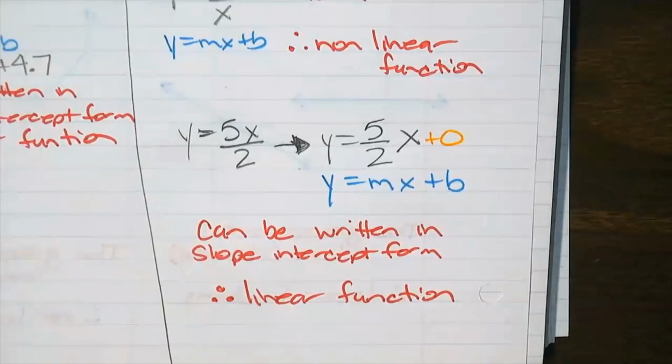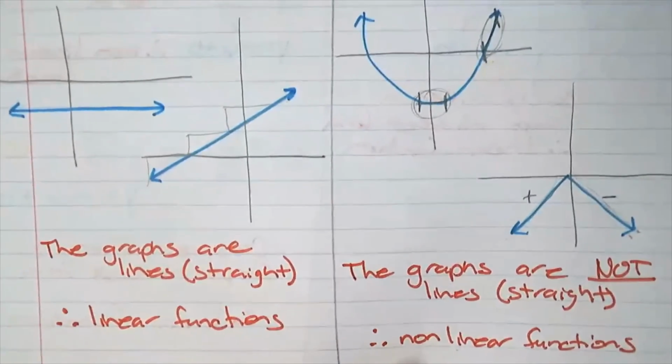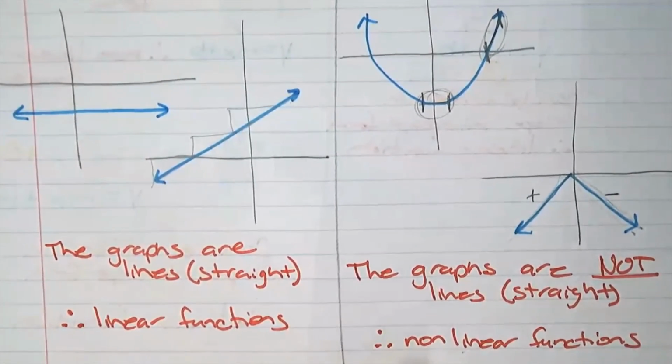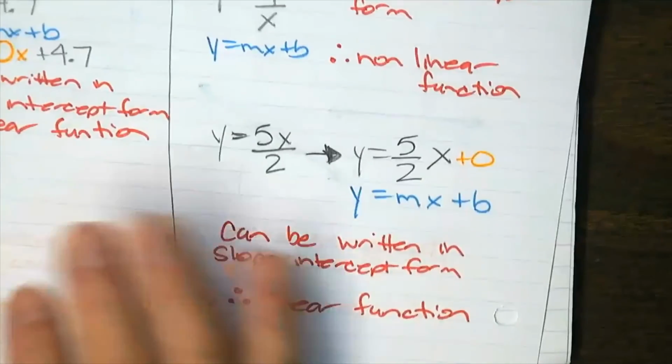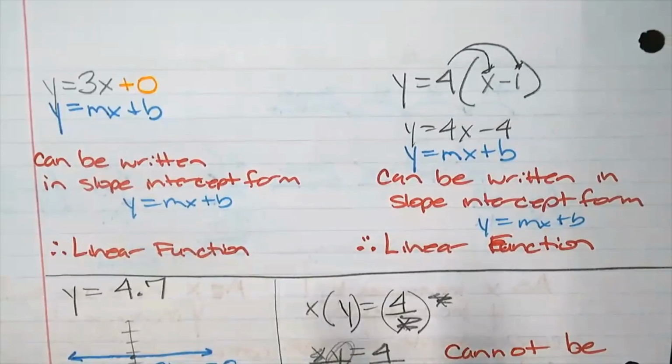So that's what we're doing today. Everything you see is a function. You know what a linear and nonlinear function look like as a table. You know what linear and nonlinear functions look like as graphs. And now you know what linear and nonlinear functions look like as equations.